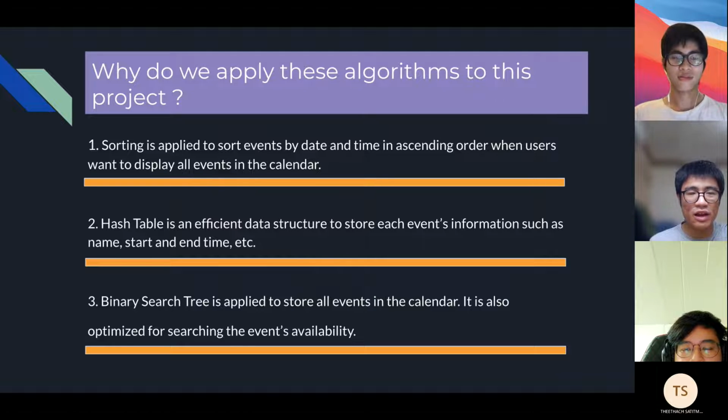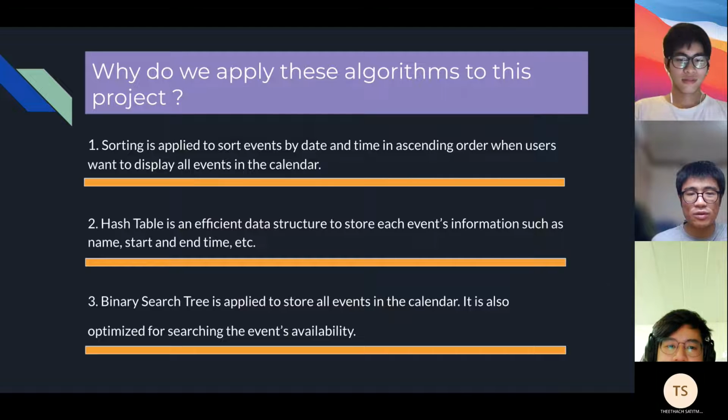The second one is the hash table, because it's an efficient data structure to store each event's information, such as name, start, and end date time. And third is the binary search tree. We apply this because it stores all events in the calendar and also optimizes searching for the events' availability.